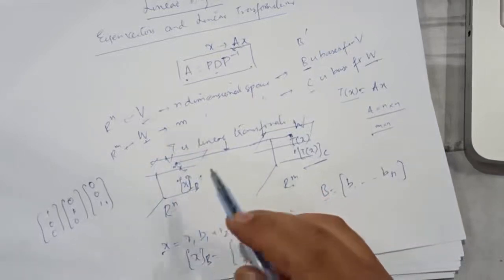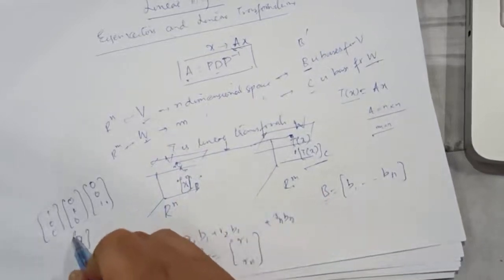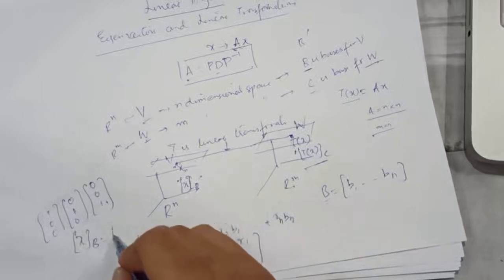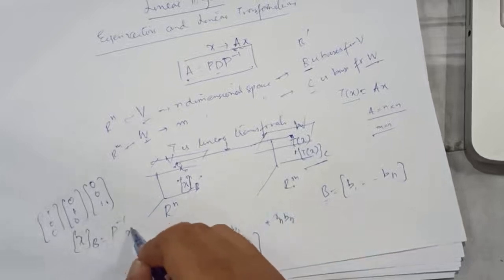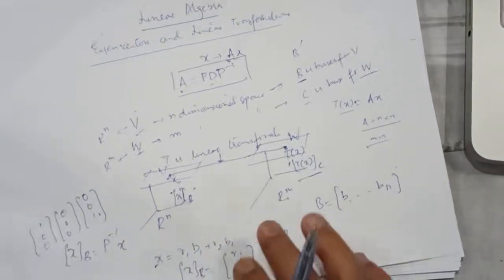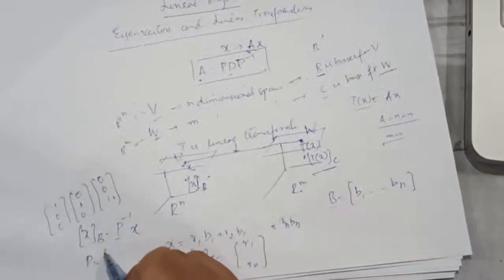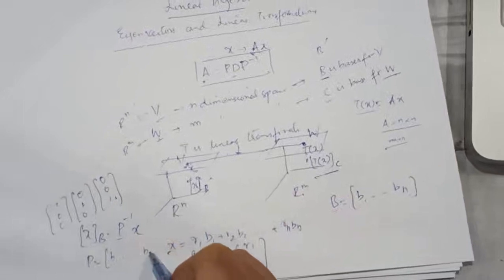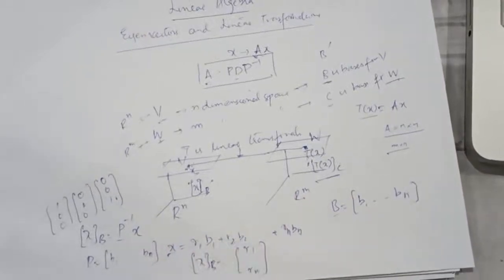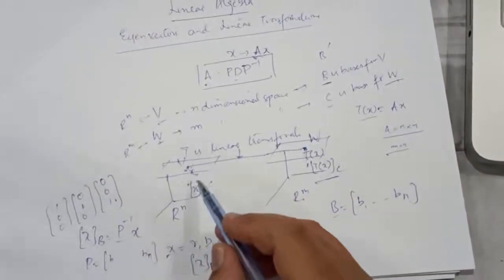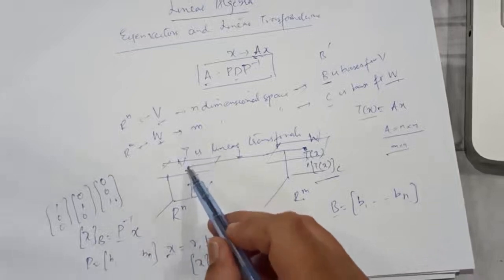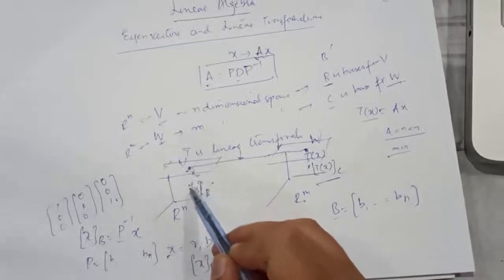And we know that to find x of B, we do P inverse times x, where P is the matrix that contains the basis vectors B1 up to Bn. So this x now has to be presented as x of B.